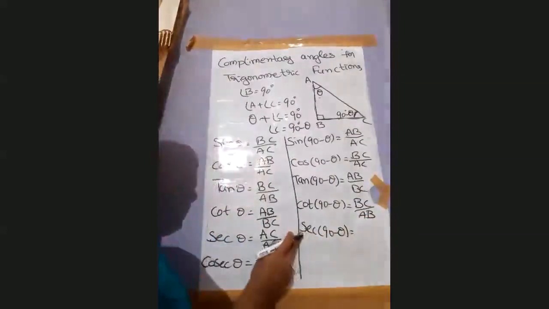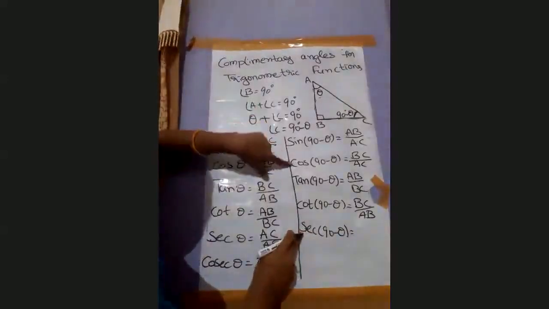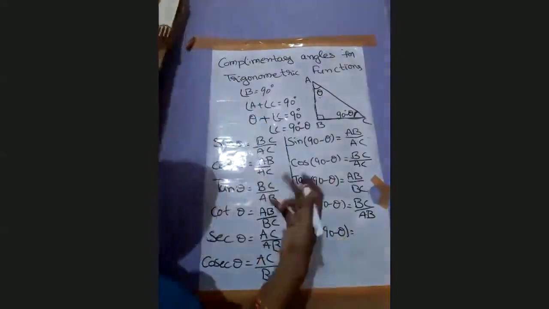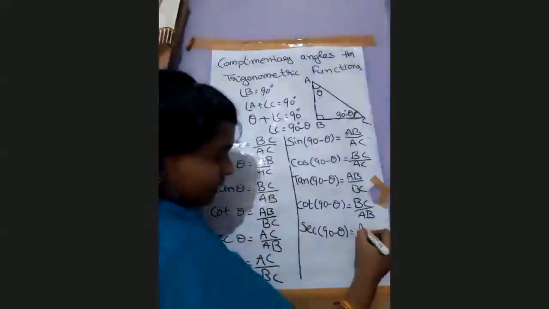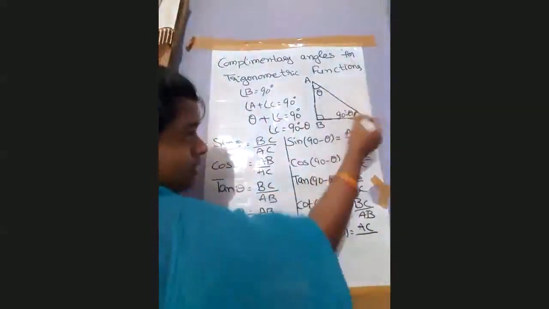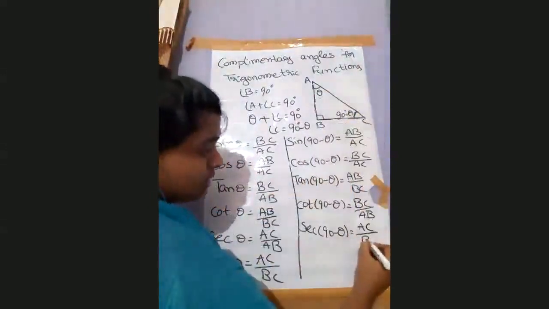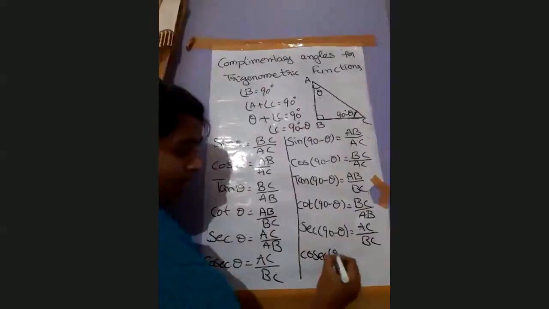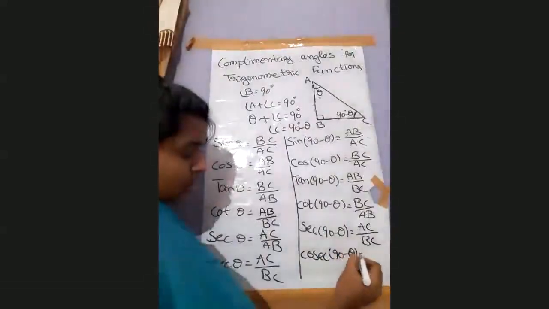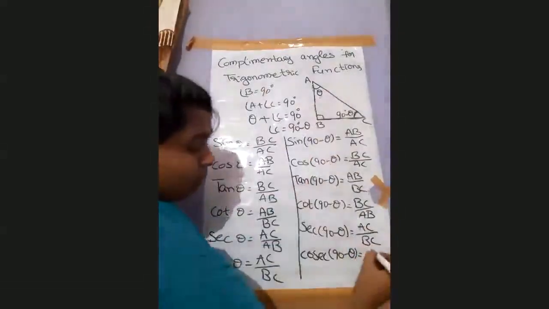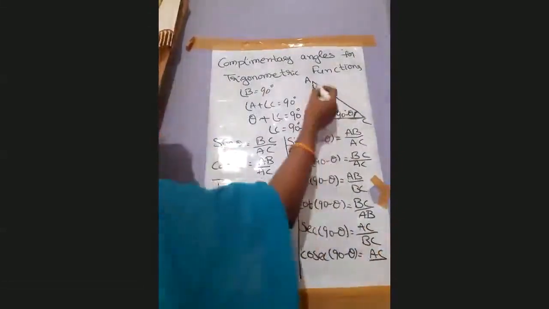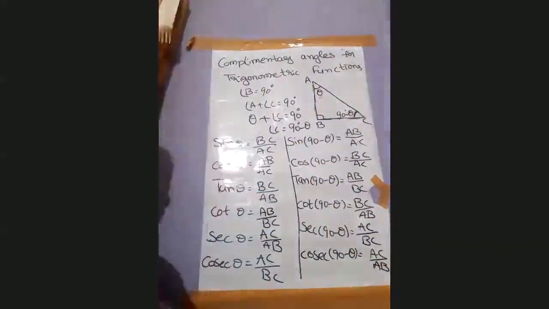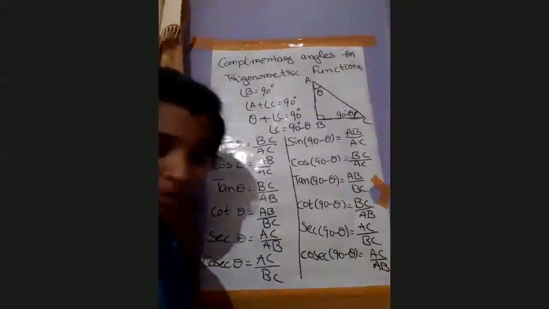For secant we have to take the multiplicative inverse of cos, or otherwise you can say hypotenuse by adjacent side. That means AC is the hypotenuse and BC is the adjacent. For cosecant of 90 minus theta, hypotenuse divided by opposite side. So AC divided by AB.